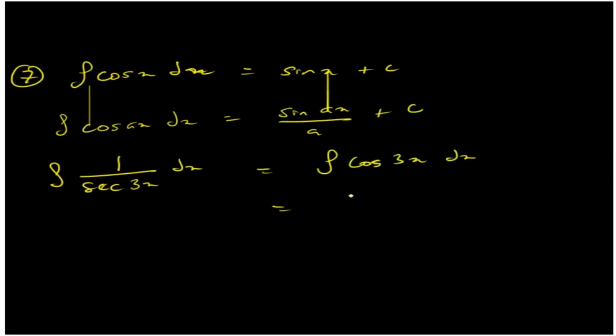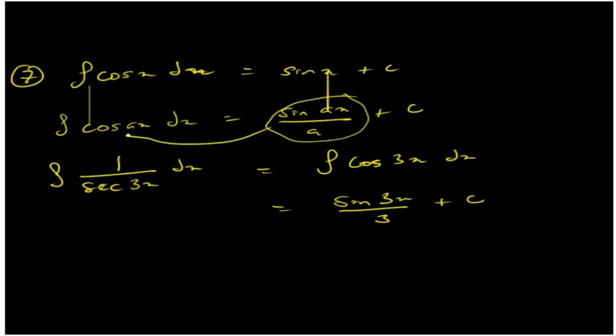This is sine 3x over 3 plus c. Okay? Because if you differentiate this one here, you should be able to arrive at just cos ax. Because remember, c is a constant, right? The differential of c will be 0.